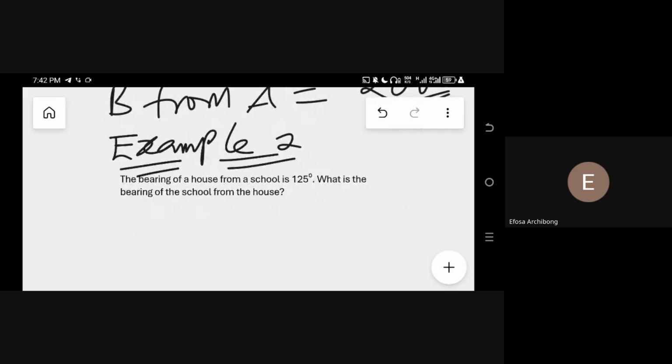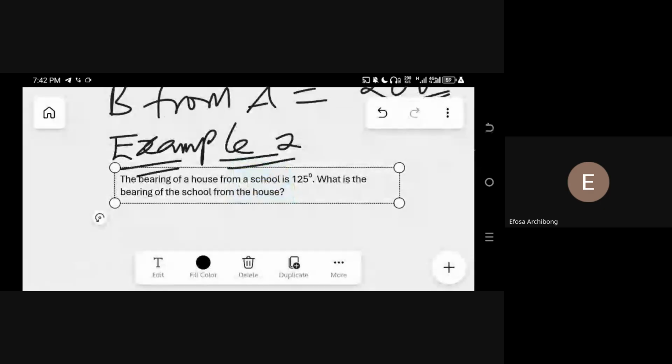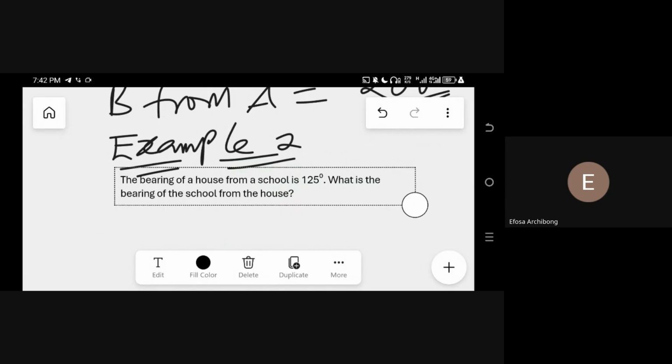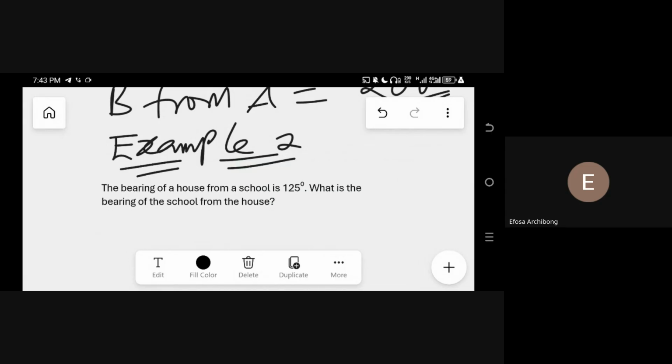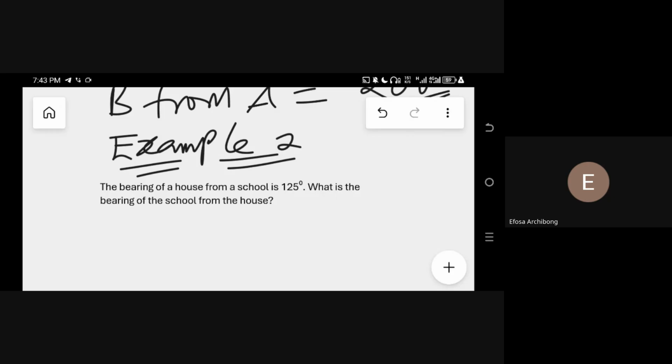You see it there. It says that the bearing of a house from a school is 125 degrees. What is the bearing of the school from the house?